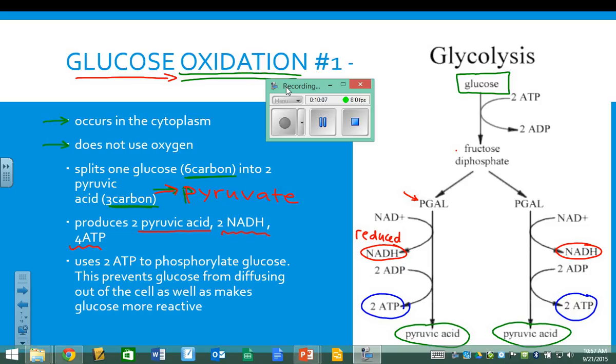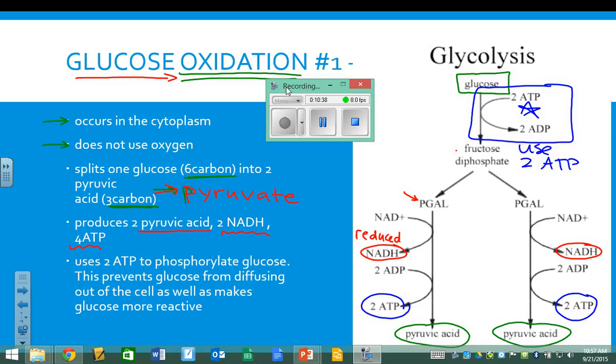But if you read the next point, or you remember in the song, the guy says, 4 ATP are made, oh, it's really 2. Here's why. Way back at the beginning, up here, I had to use 2 ATP. So before this process could even start, I had to have 2 ATP already made and use them to get the process going.